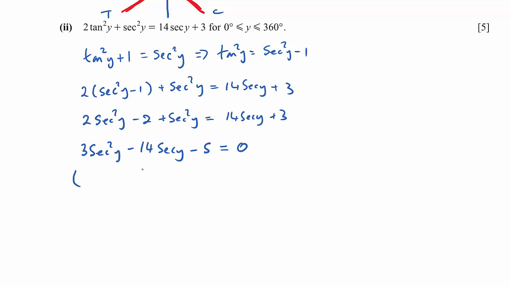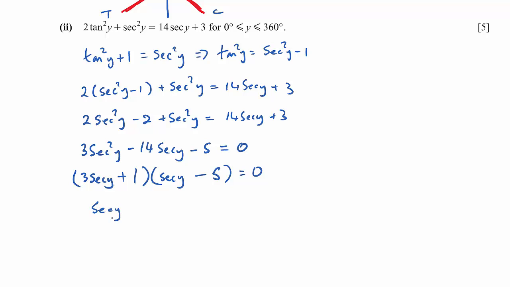And I think there's a chance we might be able to factorize that. So 3 sec y has to be 3 there because 3 is obviously a prime. Now to get to 14, if we put the 5 over here and a 1 here, and make that one a minus and that one a plus, I think that does the trick.